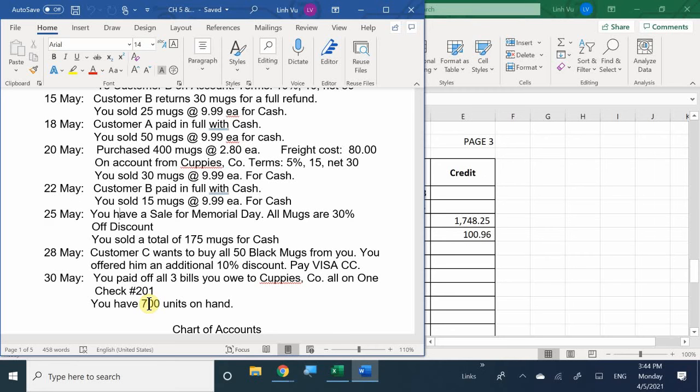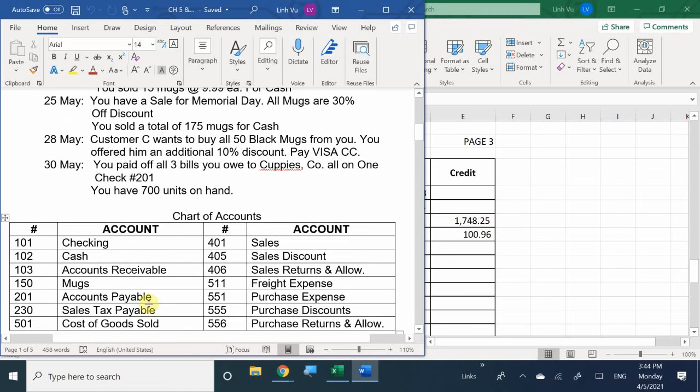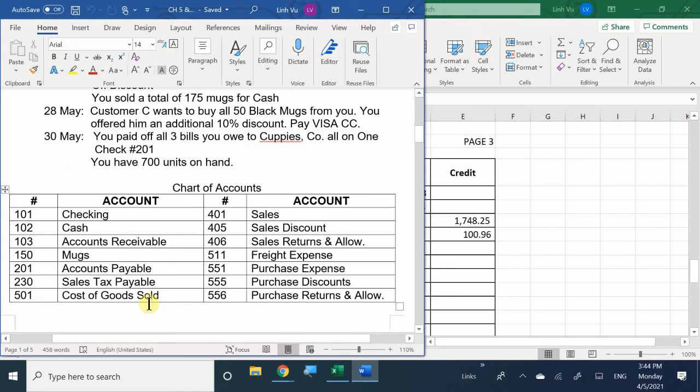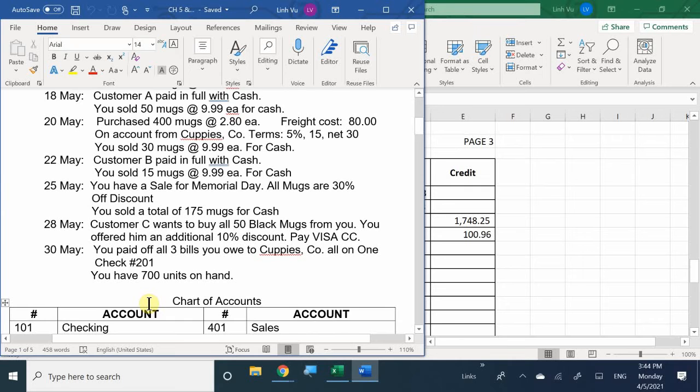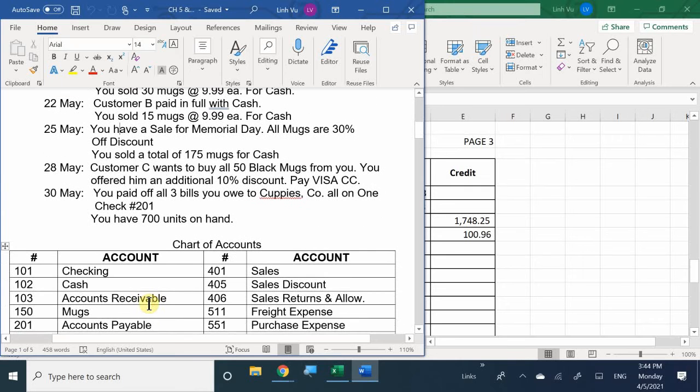So how am I going to recognize this? Since it's a credit card, I know it's not accounts receivable? Do they owe us money? Oh, no, they paid. We consider that cash? What happens when a customer charges on their credit card? Where does the money go? Checking.